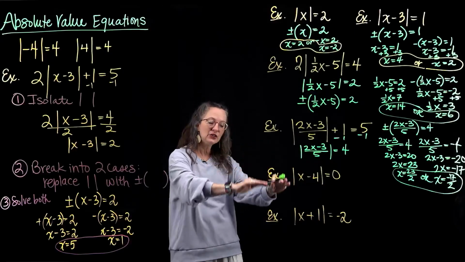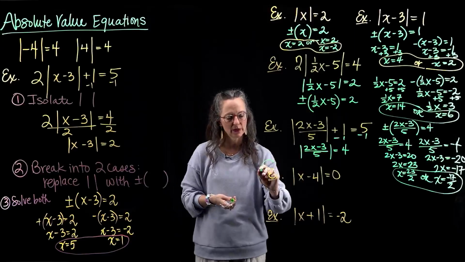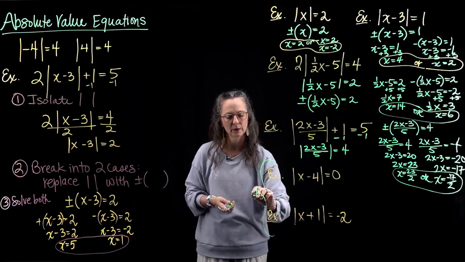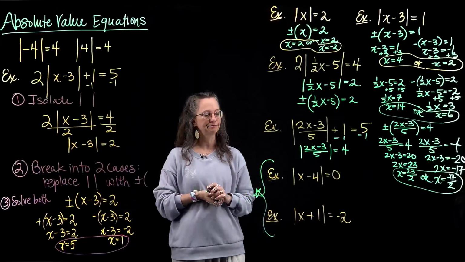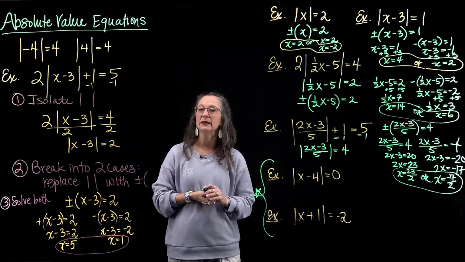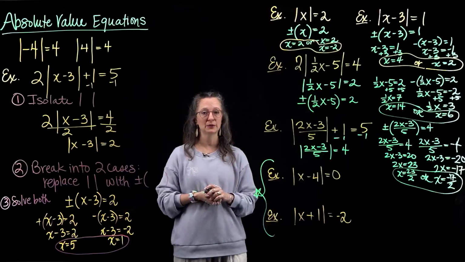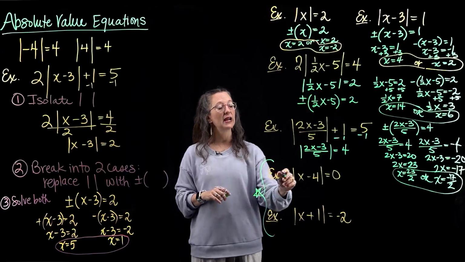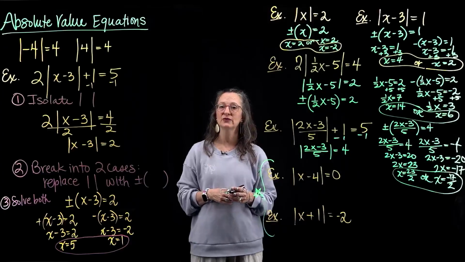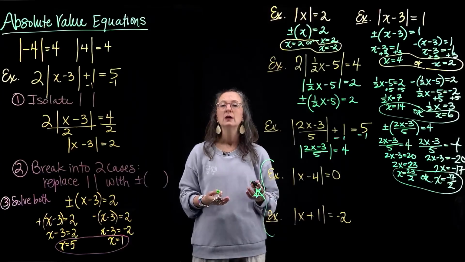All right. I have two last examples, and I just want to mark these as a little bit of weird cases. Definitely things to be looking for as you're solving absolute values. The first one, I have absolute value of x minus 4 equals 0.